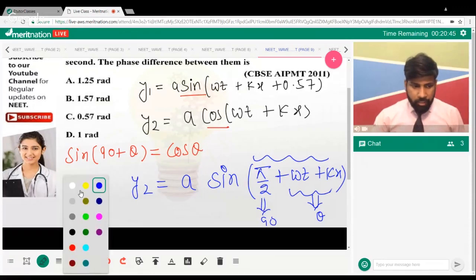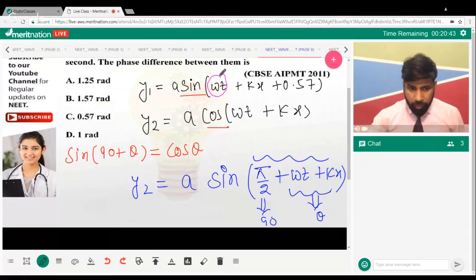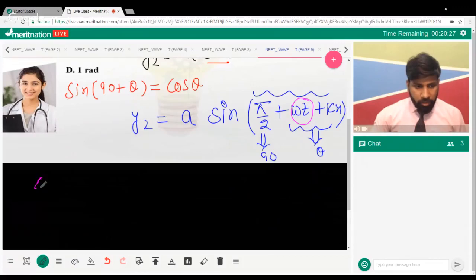Here you can see this is omega t, and this is also omega t, and the rest of the part is the angle. So here it is kx plus 0.57, and here 90 plus kx. Let's find out the phase difference.